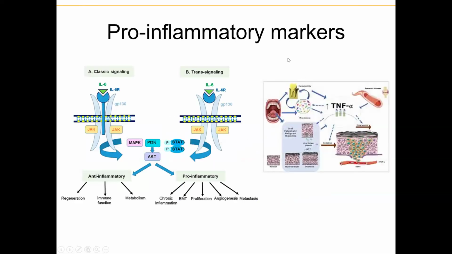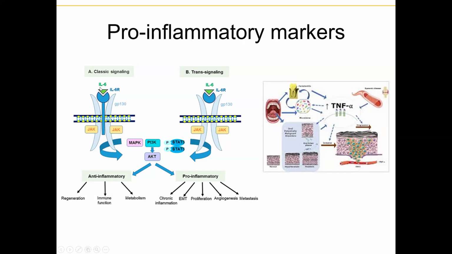Now a bit on pro-inflammatory markers. Interleukin 6, interleukin 1 and TNF alpha are considered pro-inflammatory markers, mainly secreted by mast cells, neutrophils, and even macrophages for the inflammation response, maybe following trauma or any microbial invasion, as a first-line defense in innate immunity.